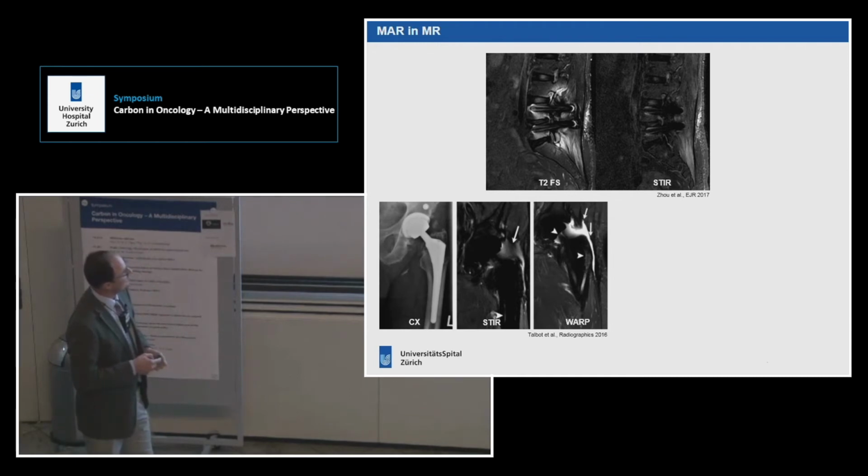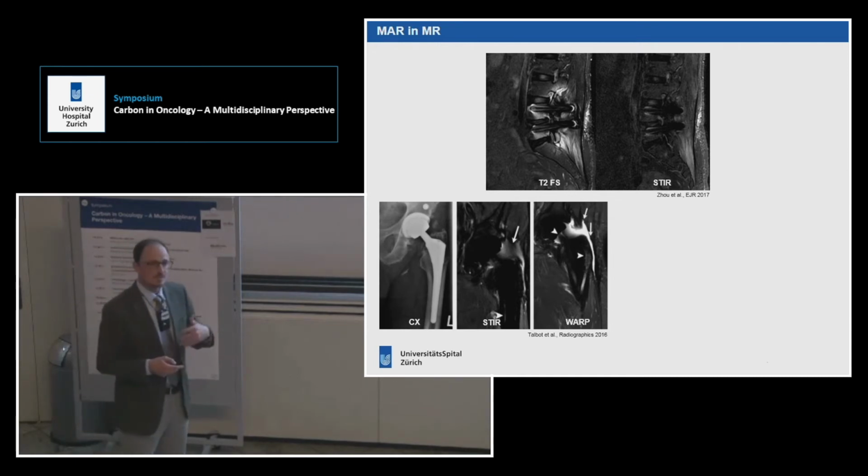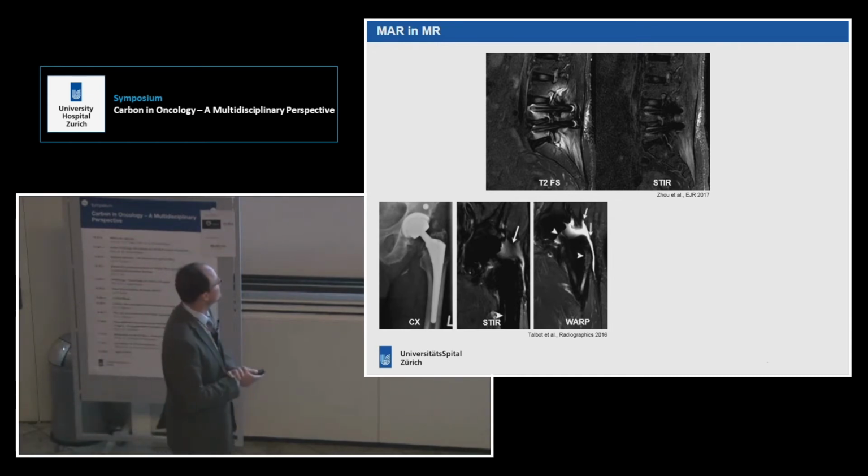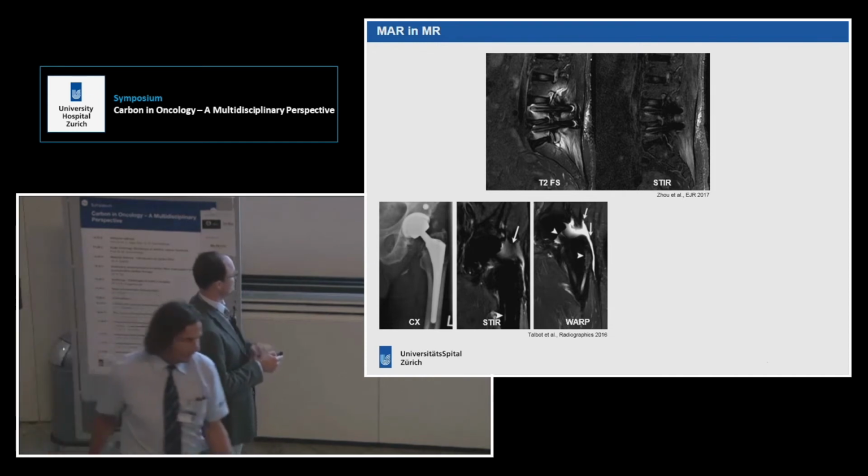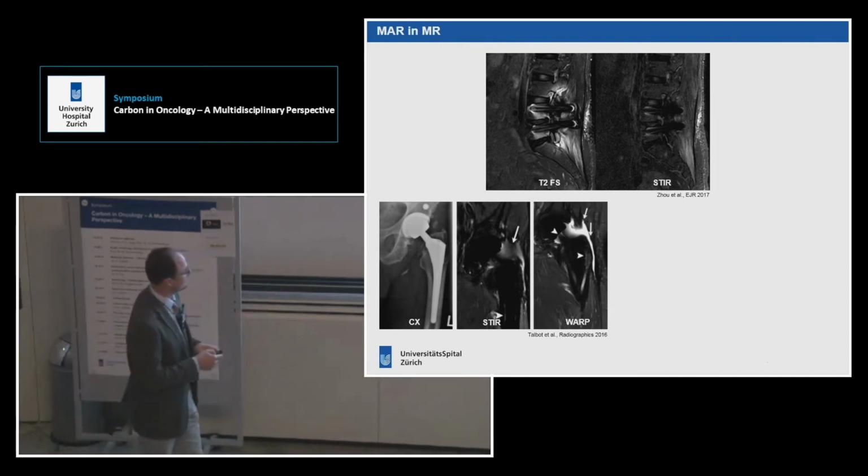And if we then do WARP sequences, which are artifact reducing sequences in MR, we get a nicer delineation of those borders from the bone. We also see light bony changes with increasing water around the implant, and we do have a nicer idea of what is going on in the bone adjacent to the implant.